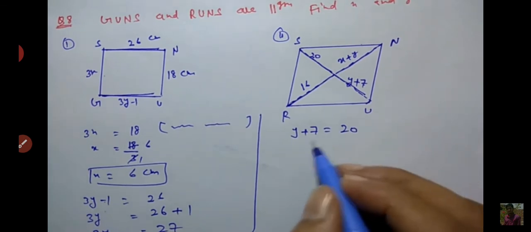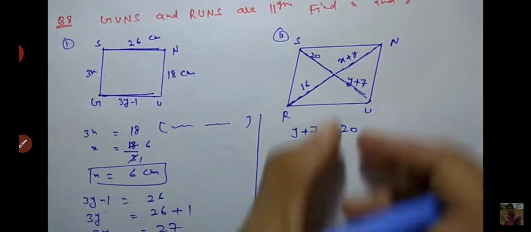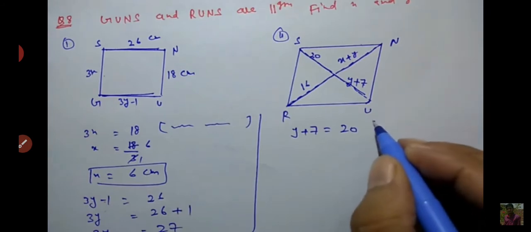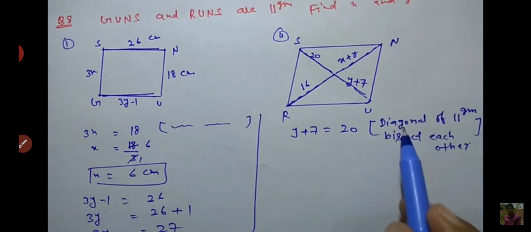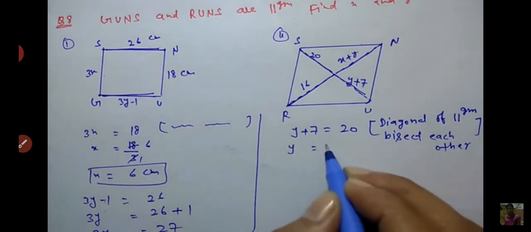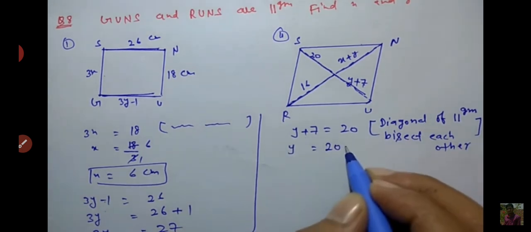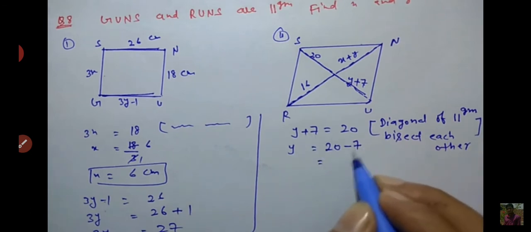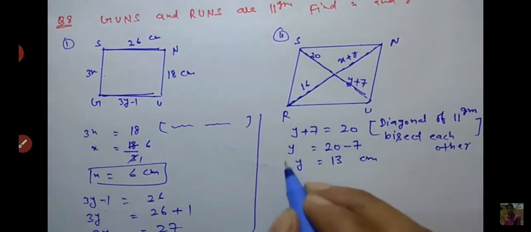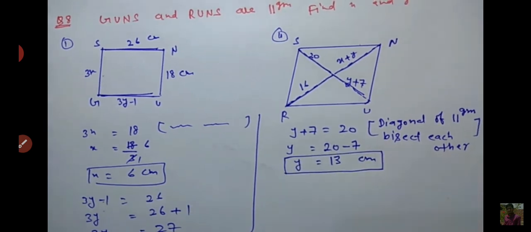So y is equal to 20 minus 7, that is 13, because the diagonals of a parallelogram bisect each other. Bisect करना means equally two halves में divide करना. Same way you have to find the other one.